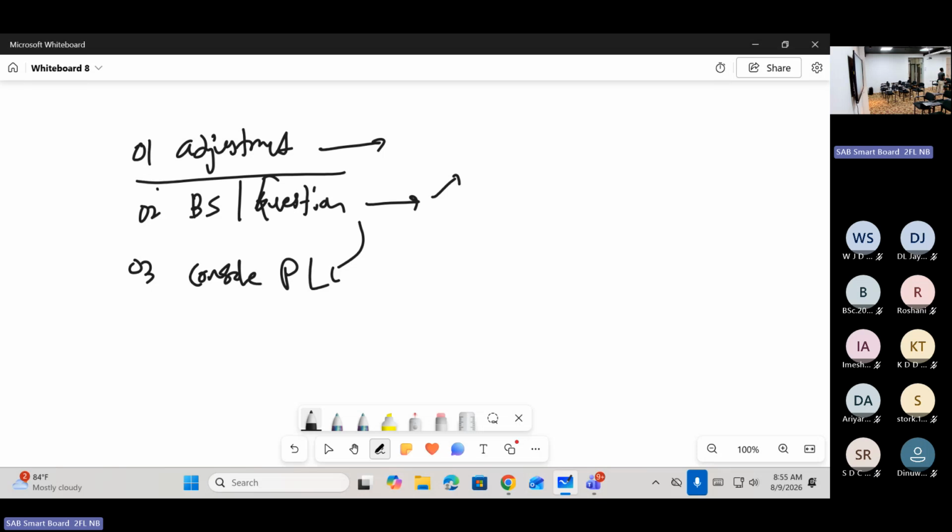Sales mean, in other words, sales and disposals. In other words, intercompany disposal of assets. So let's make a note like this.